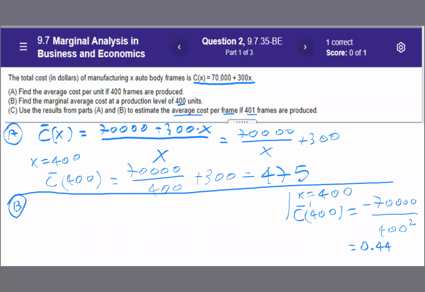So C bar prime at 400 is negative 0.44. It's a negative here.